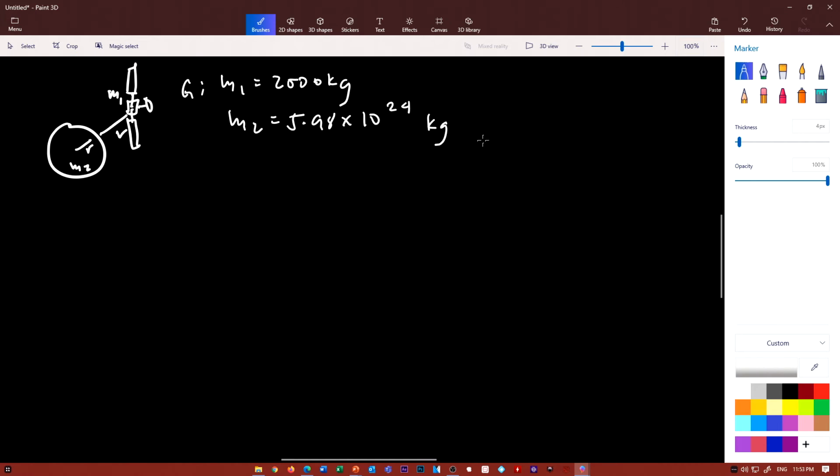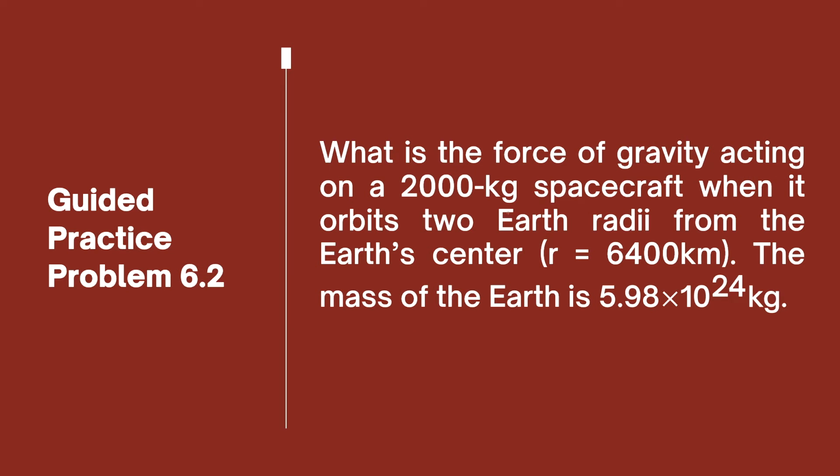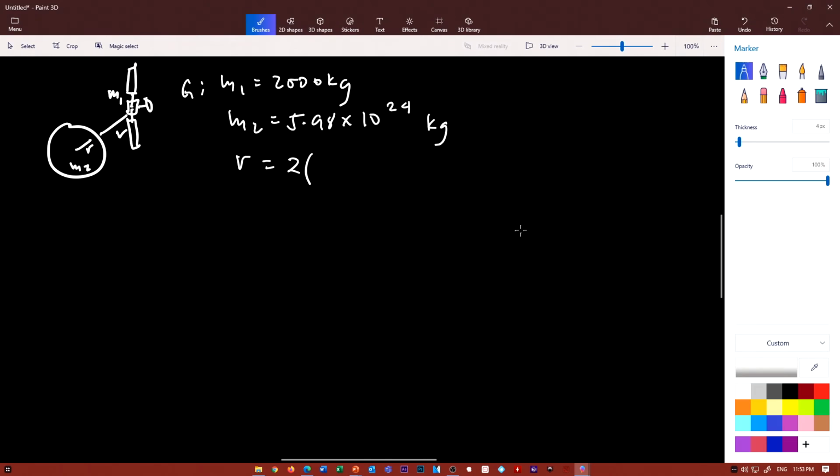Okay, so our distance will be 2 times 6,400 kilometers, right? Which is, of course, 12,800, correct? There. So our required is, of course, f sub g.